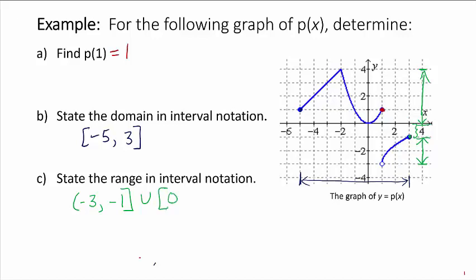And it's included on the graph, as is 4, all the way up here. Okay, so we're just thinking about this interval from 0 to 4 now. And we're including both intervals in the range, right? So the range is the interval from -3 to -1, excluding -3, and also in union with 0 to 4.